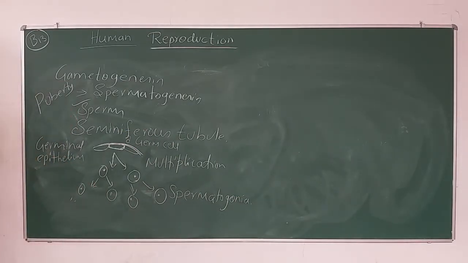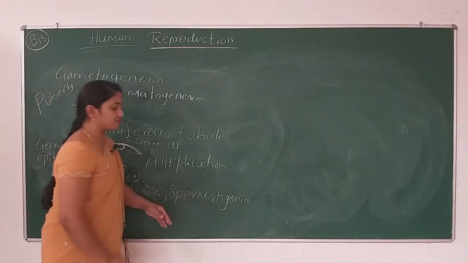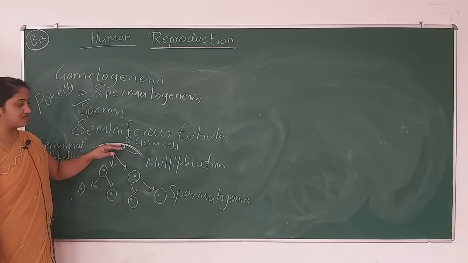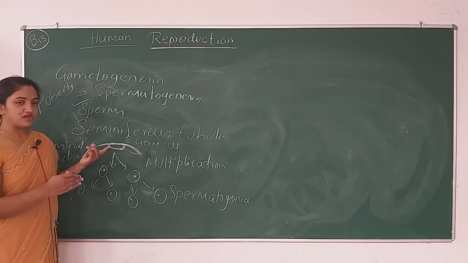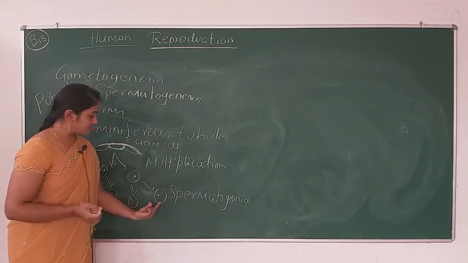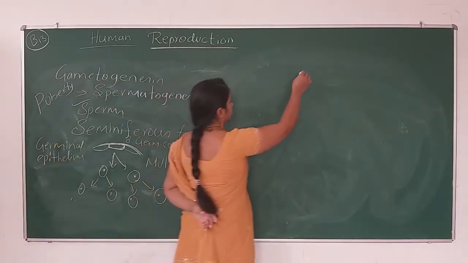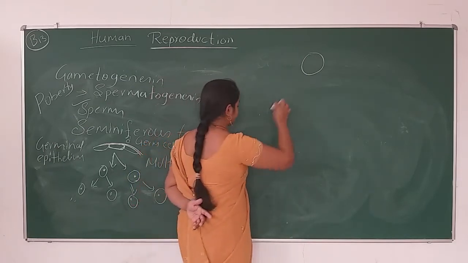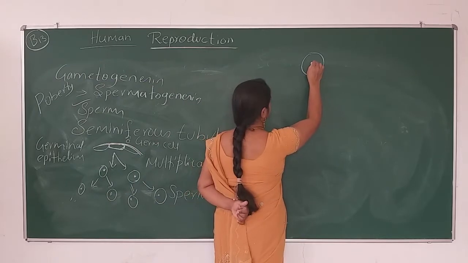What is the function of Spermatogonia? Not function, rather, where do the Spermatogonia come from? When the germ cells take mitotic division and start multiplying in number, we get the cells known as Spermatogonia. From here I will write the Spermatogonia. One of the Spermatogonia I am taking here to explain.